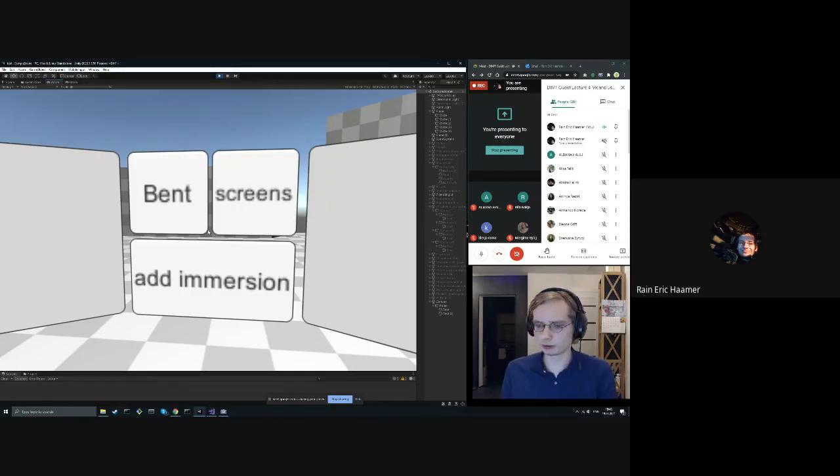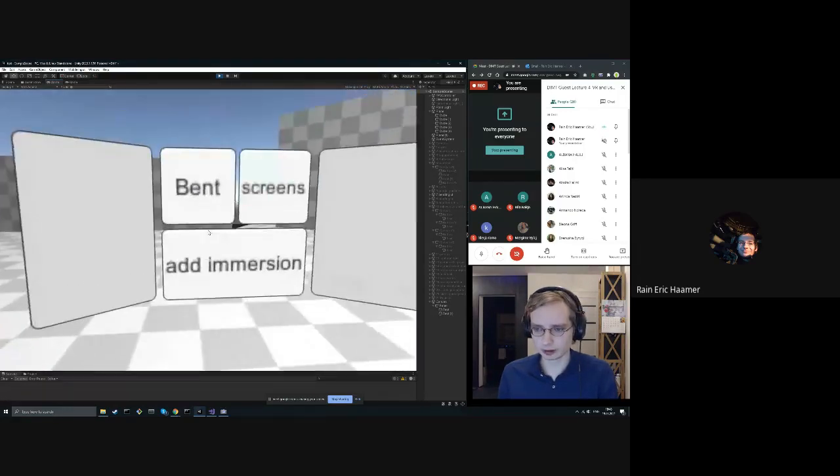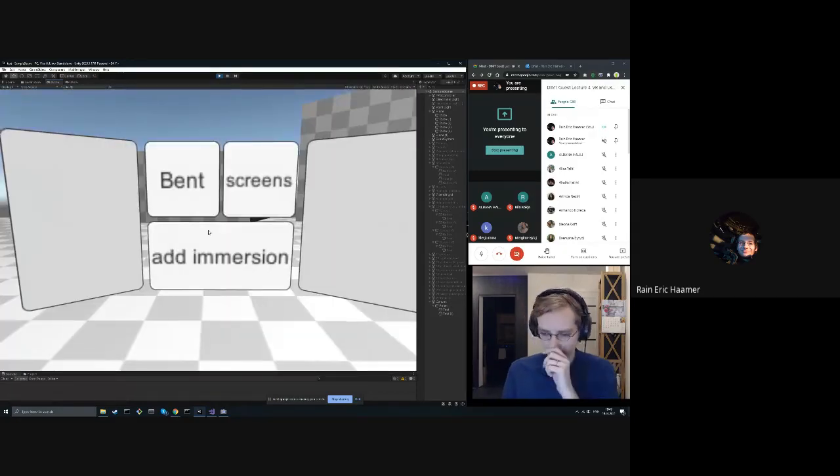But this bending also has some rules that you need to follow. In this case, I have made it so that the point at which these screens are bending around is the location of the user. And through testing, both I have seen and I have read that people tend to get claustrophobic, especially if you have lots of screens or screen space following this bending rule.